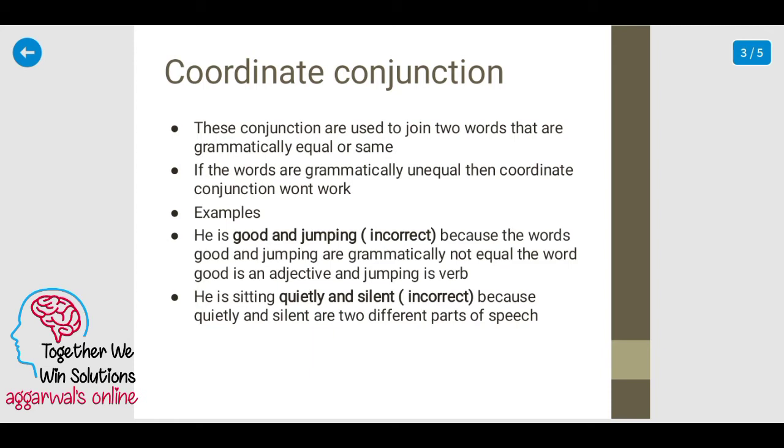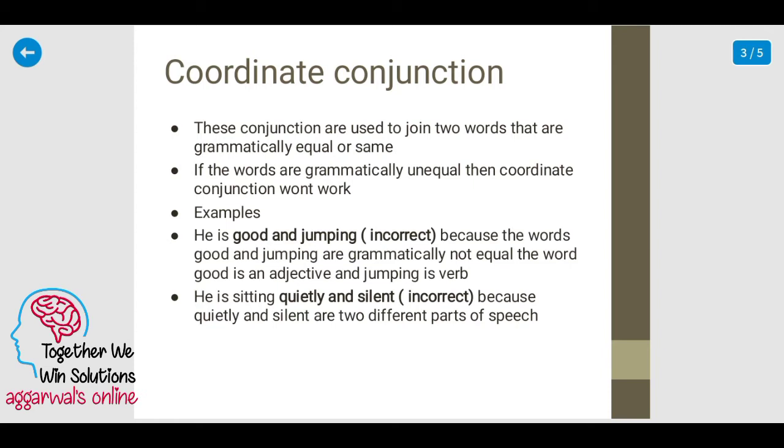Why? Because good and jumping are two different parts of speech, and if I use a coordinate conjunction to join these two words, then I would form an incorrect sentence, because good is an adjective and jumping is a verb. So we cannot join an adjective with a verb, because both are different parts of speech. He is sitting quietly and silent.